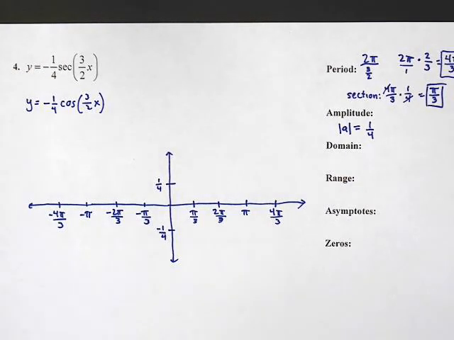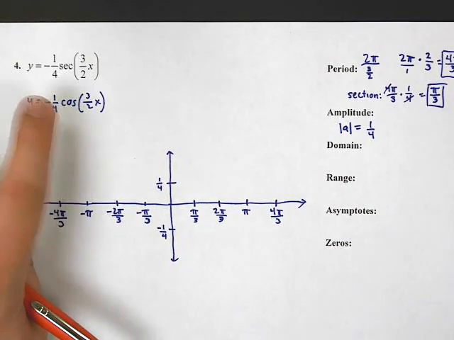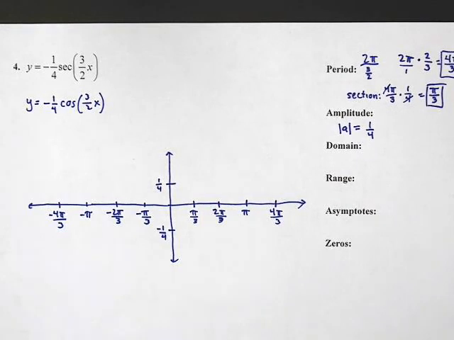Now, one thing we need to think about here is what a negative out in front does. A negative outside of a function should be a flip over the x-axis. And it works the same way, guys. Transformations are basically working the exact same way as they did before.